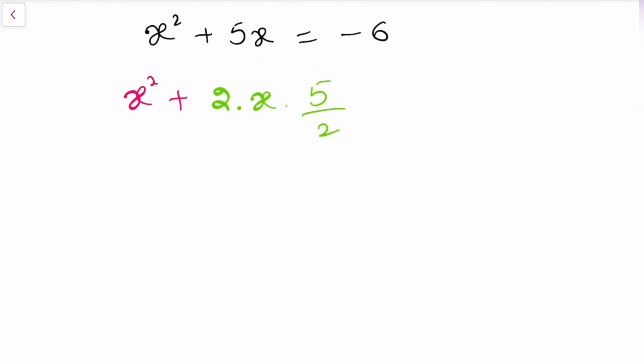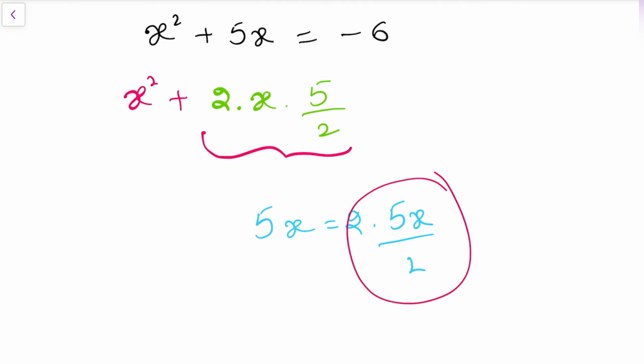We have the 5x term. What I am doing is multiplying and dividing 5x by 2, that is 2/2, like this. Because the 2 will get cancelled, no change will be there. This is what exactly we will get then: 2 into x into 5/2. This is only that same.